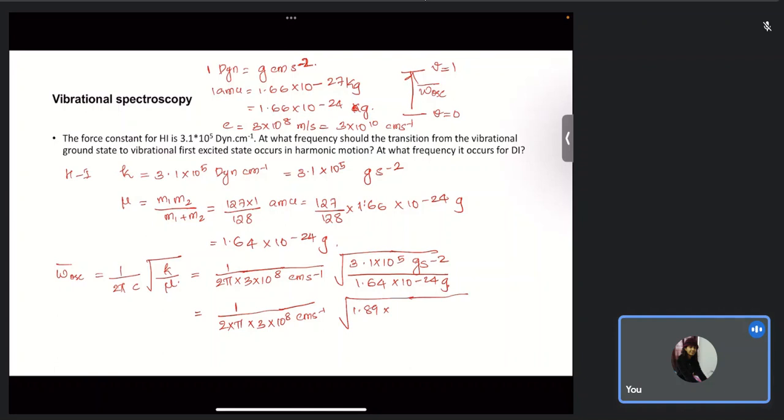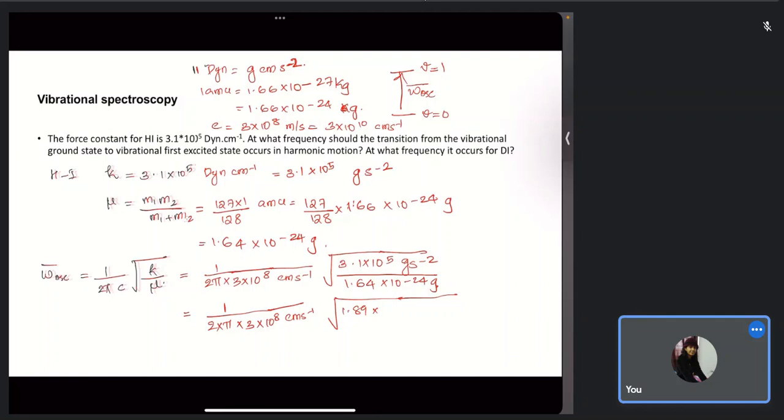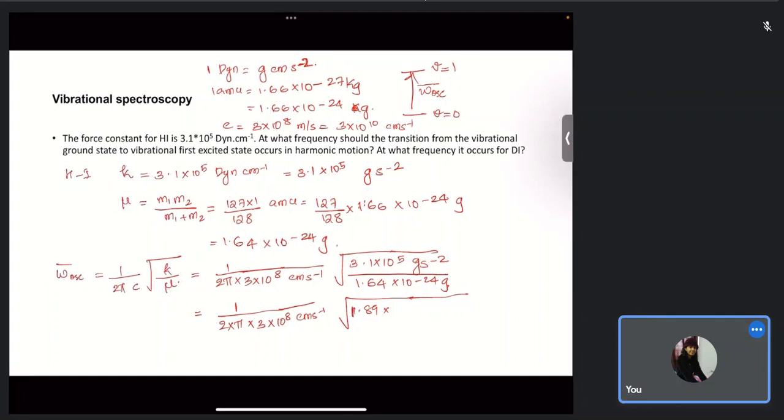So this is 10 to the power minus 24 in the denominator. When it comes to the numerator, it will become plus 24.